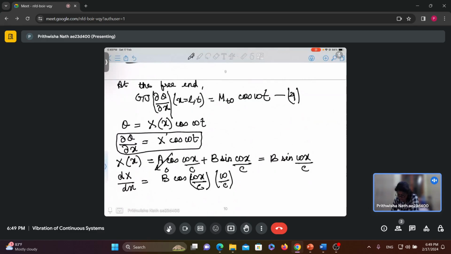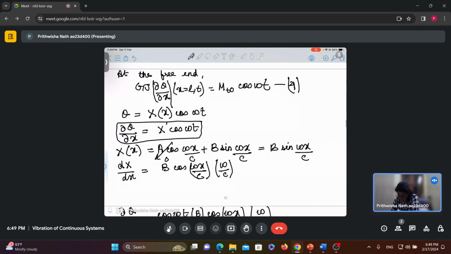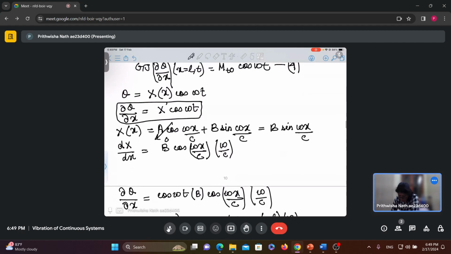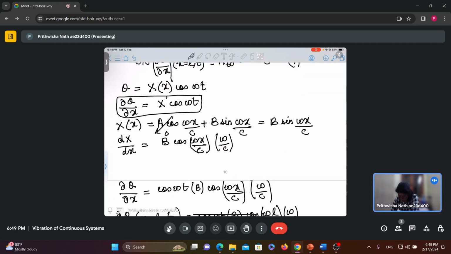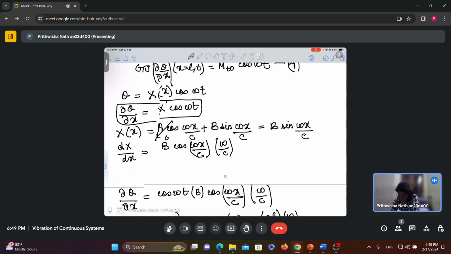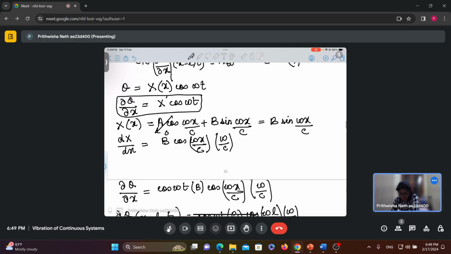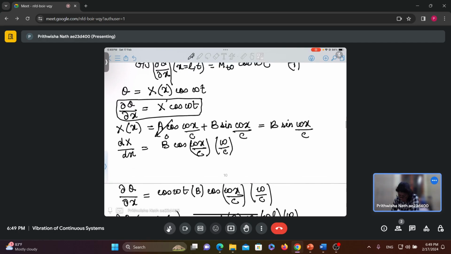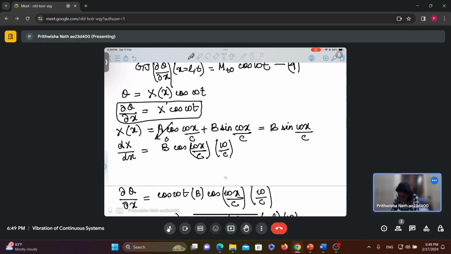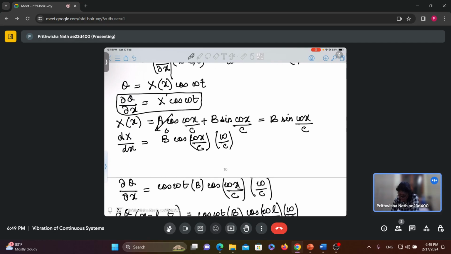Now I differentiate this with respect to small x, so this becomes B cos(omega x by c) into omega by c. Finally I substitute this in the expression of the partial derivative of theta with respect to x, which turns out to be cos omega t, and in place of derivative of X, I substitute B cos(omega x by c) into omega by c.